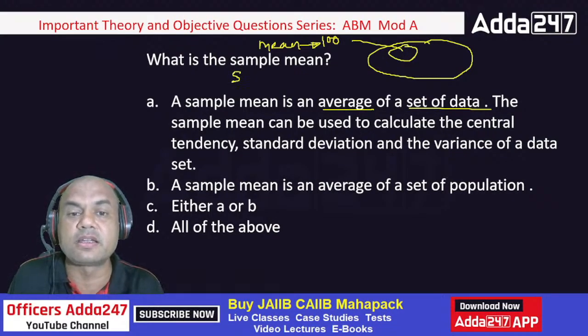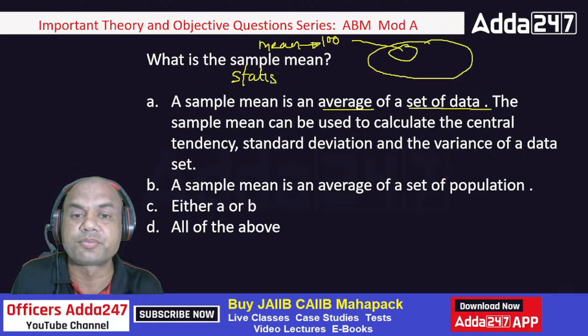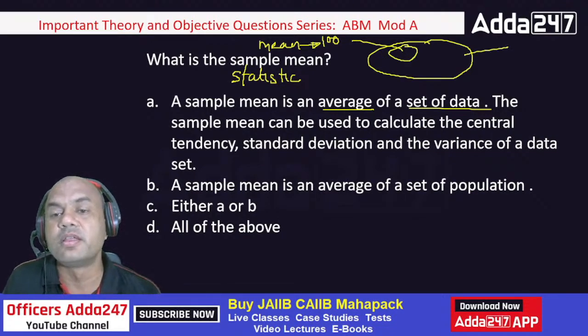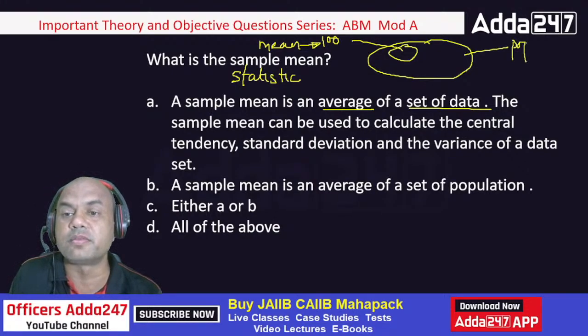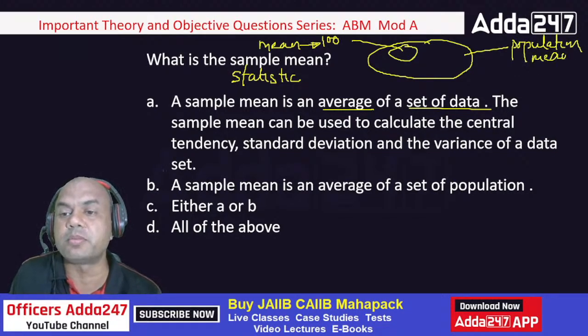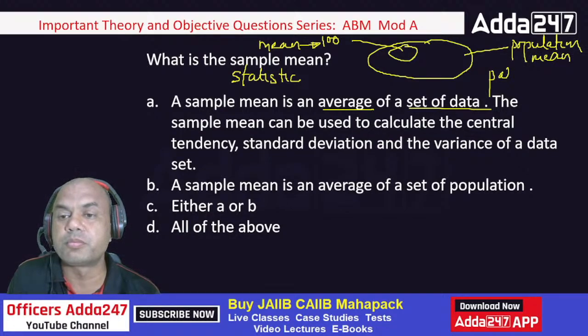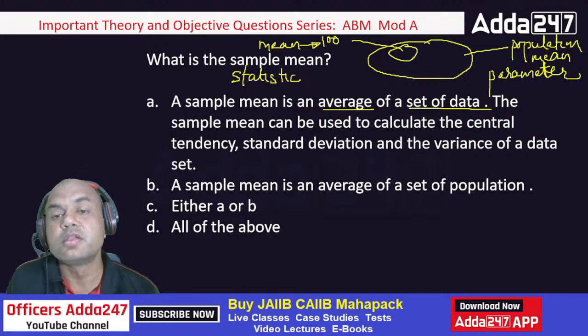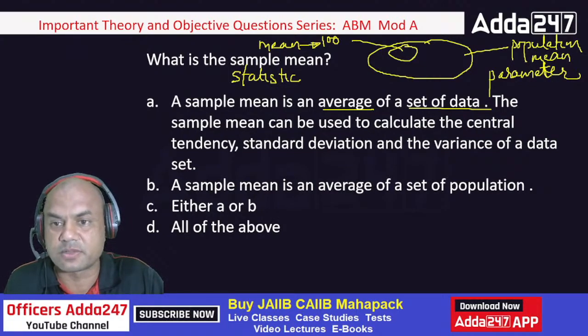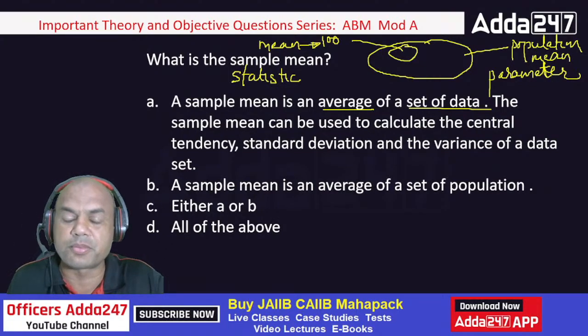Statistic means anything computed from the sample. Mean, mode, median of a sample is known as a statistic. And the mean of the entire population is called the population mean, and this is known as a parameter. Always remember this: anything done on a sample is known as a statistic, and anything done on a population is known as a parameter.